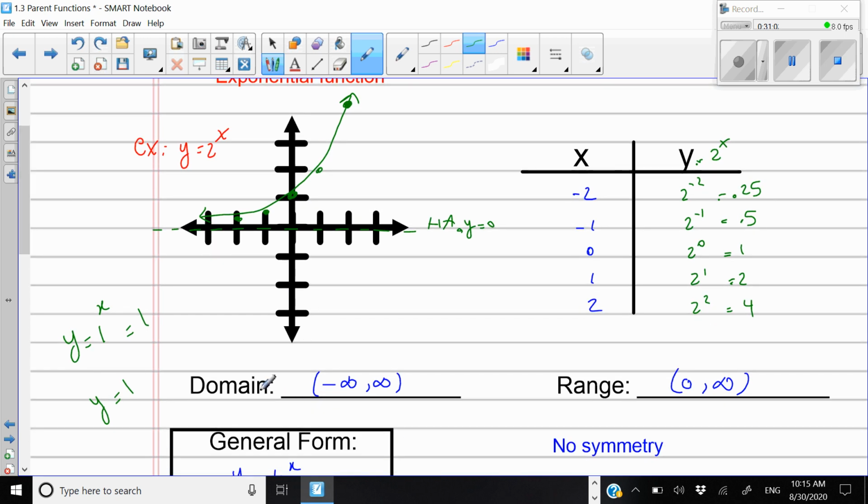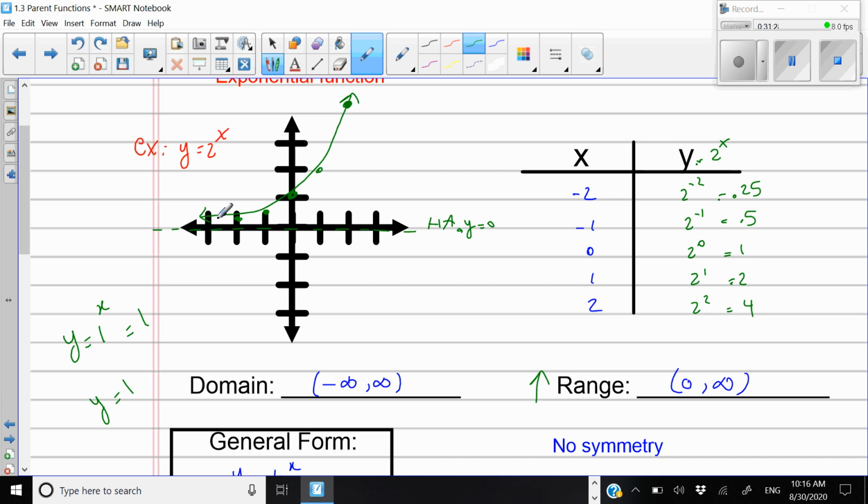The domain of this function: as I move from left to right, all the x values are covered. You see, for any x that you consider, there is a point defined on the graph. So it's going to be -infinity to infinity. But the range is not covering the negative values. As I move from bottom to top, the negative values are not covered, and the 0 itself is also not covered.